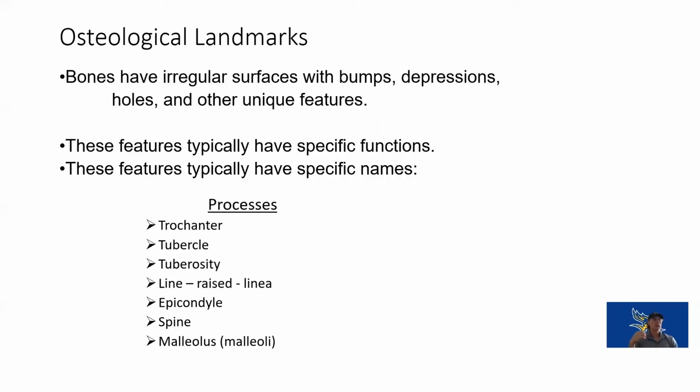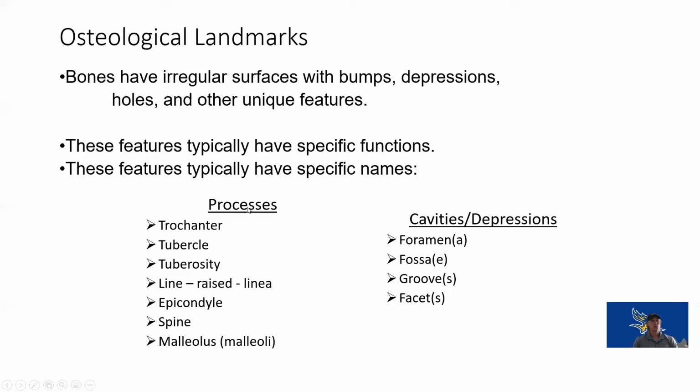Okay. Last one, we have our different landmarks, things like trochanters, tuberosities, spines. These are points, these are protrusions along the bone. Depending on the bone, depending on what it needs, it will have some or all or a few of these different types of processes, or it'll have some cavities and depressions like foramen or facets or grooves or fossa, where something may articulate.